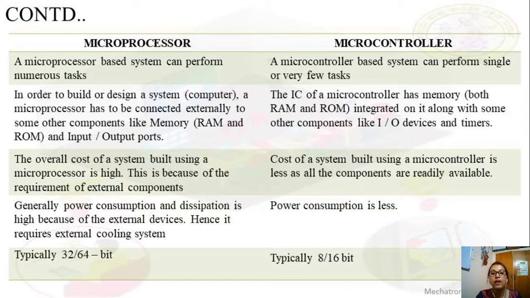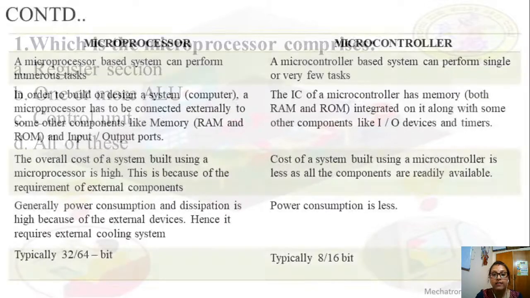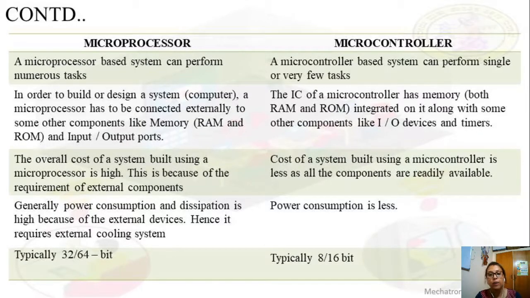Also the block diagram of the microprocessor and the block diagram of the microcontroller make another difference. So in today's class, we studied what a microprocessor is, its block diagram, what a microcontroller is and its block diagram, and also the microcomputer.